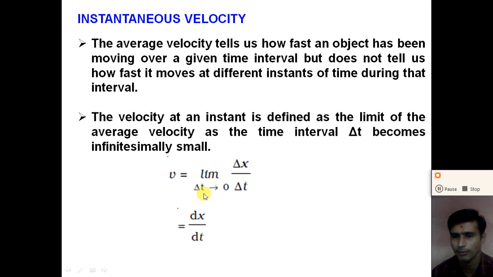What is the meaning of limit delta t tends to 0? It means the time interval delta t is very close to 0 but not 0, an infinitesimally small time interval.